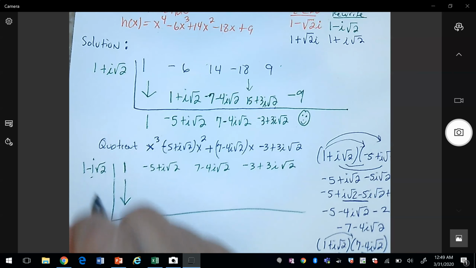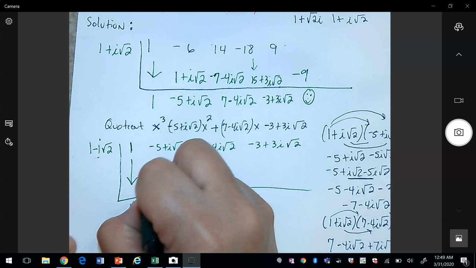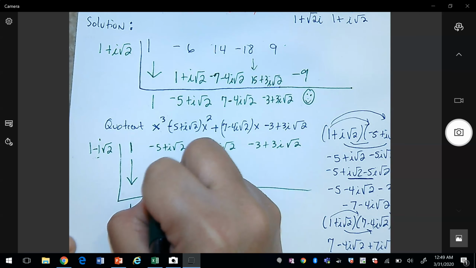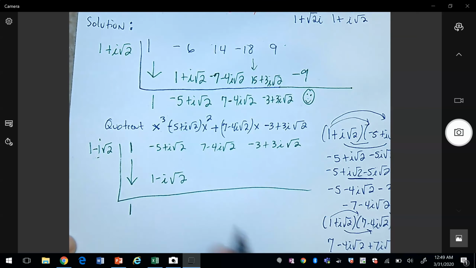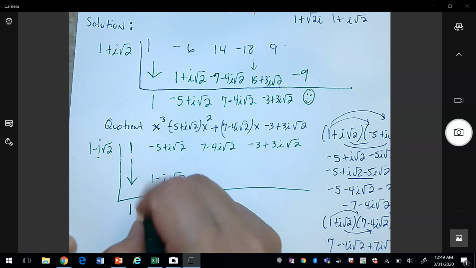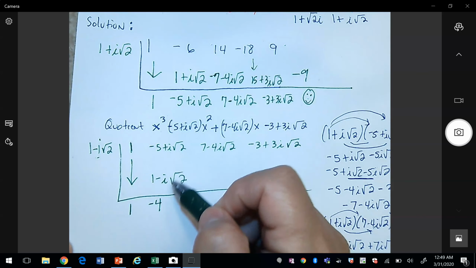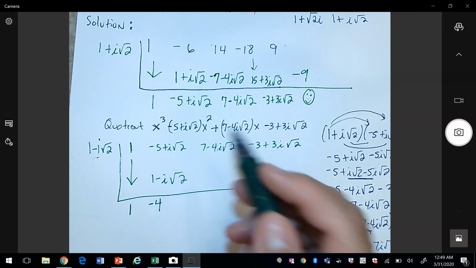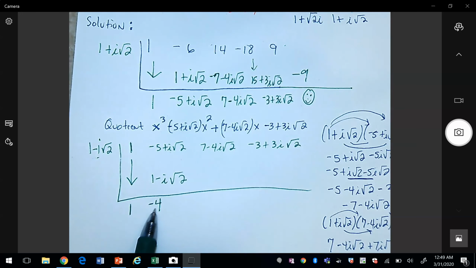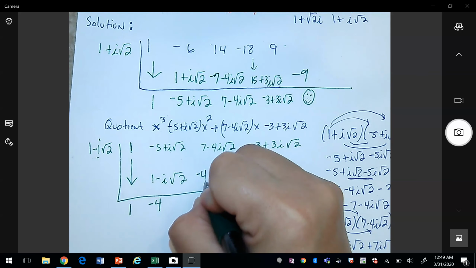1 times 1 minus i square root of 2 is going to be 1 minus i square root of 2. Simplify. Negative 5 plus 1 is negative 4. i square root of 2 and negative i square root of 2 is 0. Multiply again. Negative 4 times 1 is negative 4.